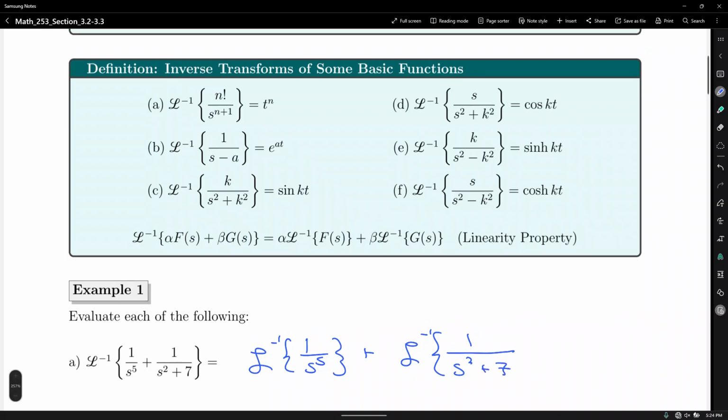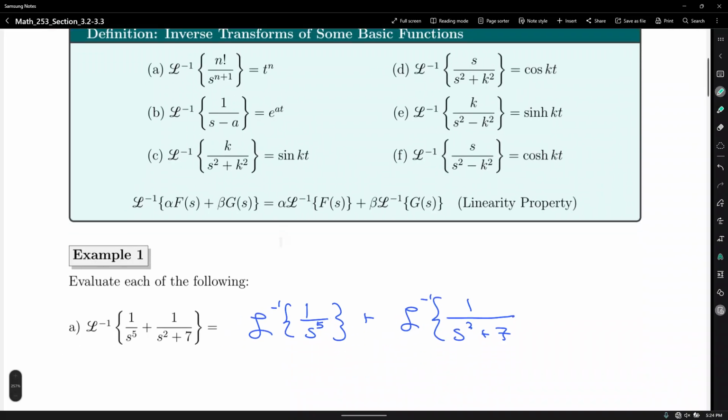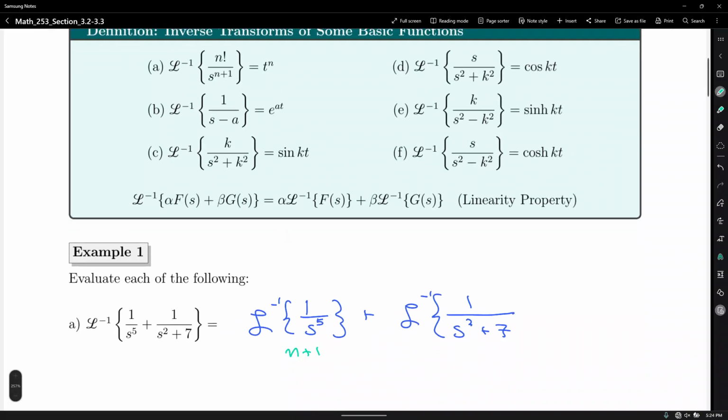Okay, guys. So we need to go from the world of s back to the world of t. Now, the tricky part right here is to identify what n plus 1 is. In this case, the quantity n plus 1 equals 5, isn't it?